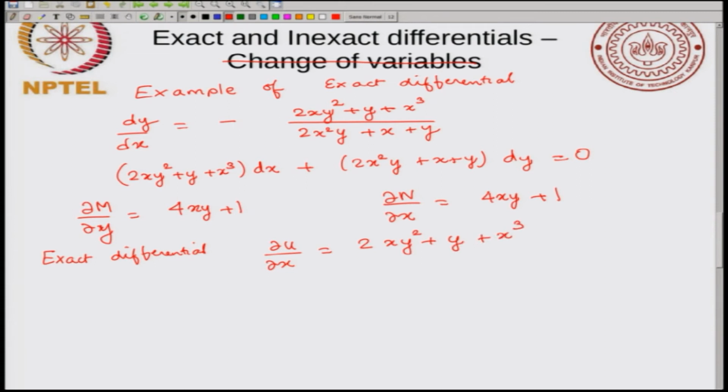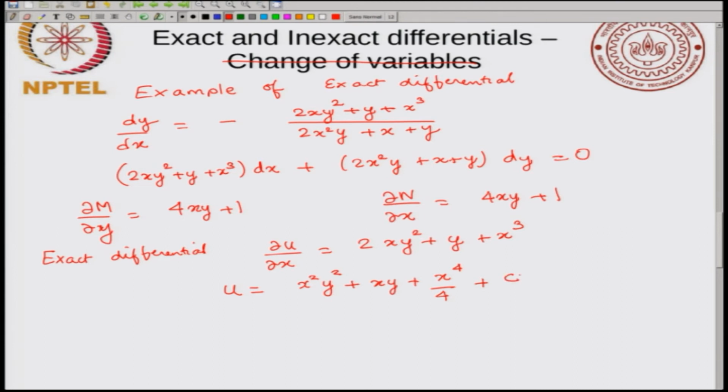You can use either ∂u/∂x or you can use ∂u/∂y. Okay. And now, if I integrate the right hand side with respect to x, remember when you do ∂u/∂x, you are keeping y fixed. So, this integration is very straightforward. So, you will immediately say that u is equal to x²y² plus xy plus x⁴/4 plus a constant.